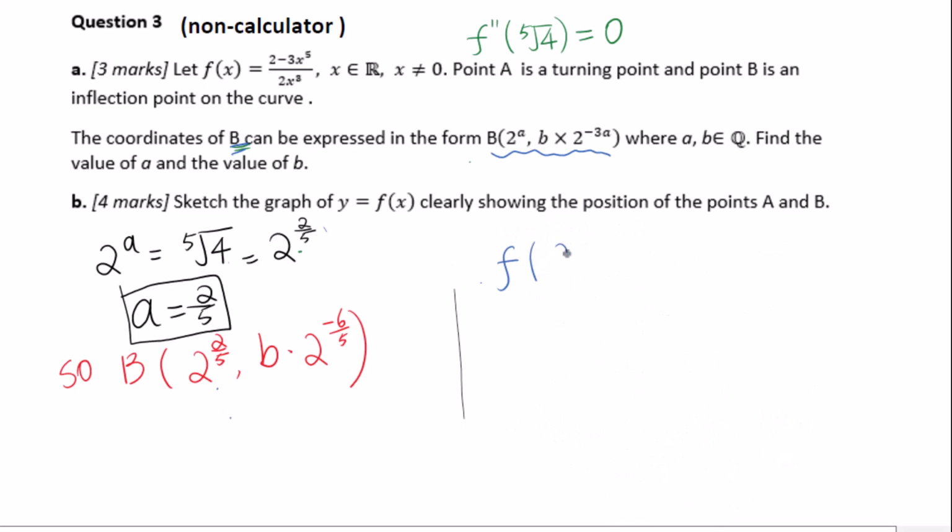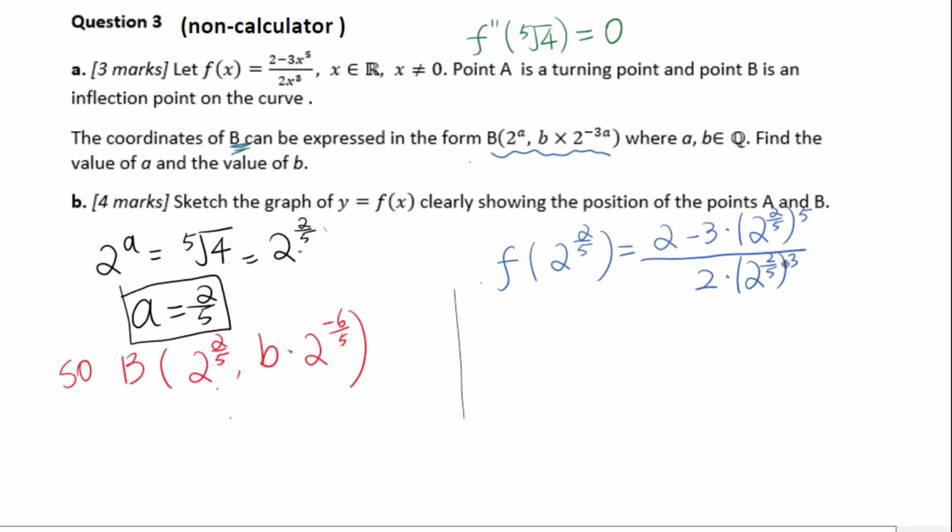f of 2 to the 2 over 5 power equals 2 minus 3 times 2 to the 2 over 5 power, then to the fifth power, over 2 times 2 to the 2 over 5 power, then to the third power.